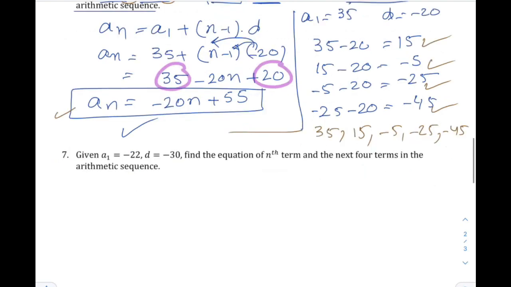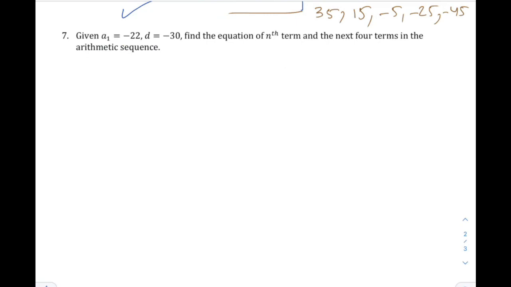Let's try another one here. Given a1 is equal to negative 22, d equals minus 30, find the equation of the nth term, also the next 4 terms. Let's start with the next 4 terms. This is the first one, and d is negative 30. So mentally, minus 22, I'm using the calculator, minus 30 is minus 52. Then, keeping it in the calculator, minus 52, again minus 30 will be minus 82.